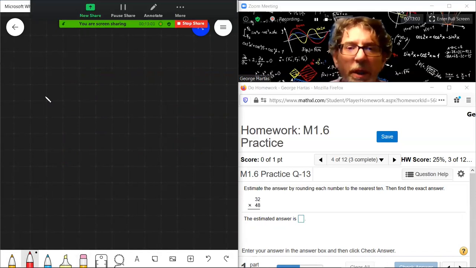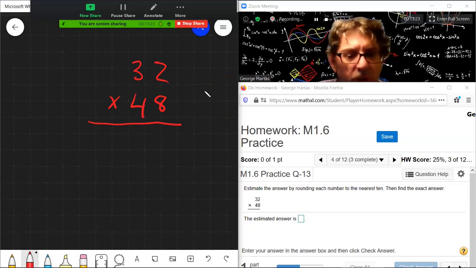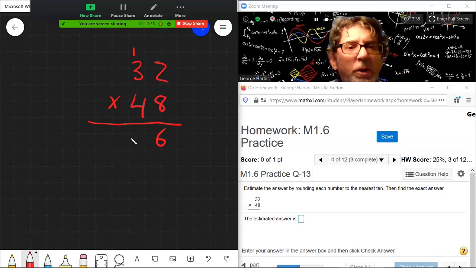So here we're multiplying. So let me make some room here. So we got 32 times 48. All right. And they want the exact answer. So why don't we do this first, and then we'll do the rounding. All right, so we have 2 times 8 is 16. 8 times 3 is 24, plus 1 is 25.